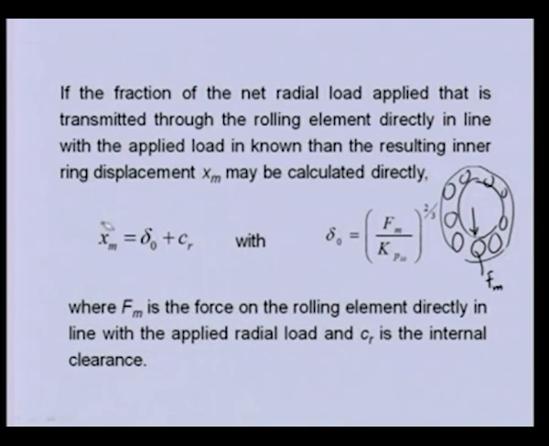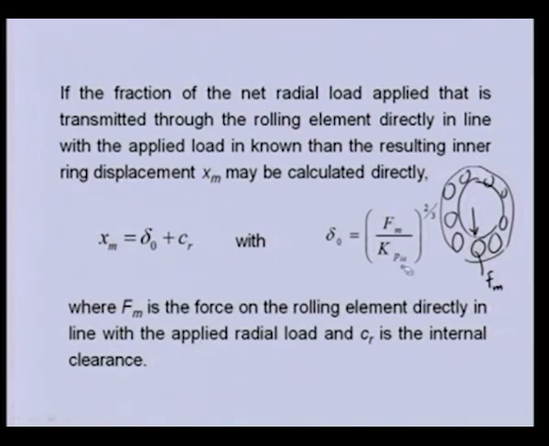So this is the total displacement of the bearing, or the displacement of this particular ball also, they will be same. So this is the deformation plus the radial clearance, and this deformation of the ball is due to the load shared by that particular rolling element.